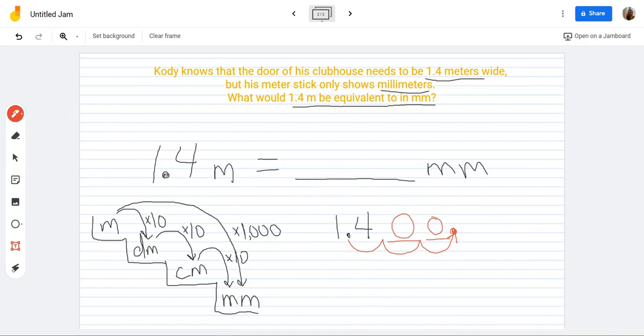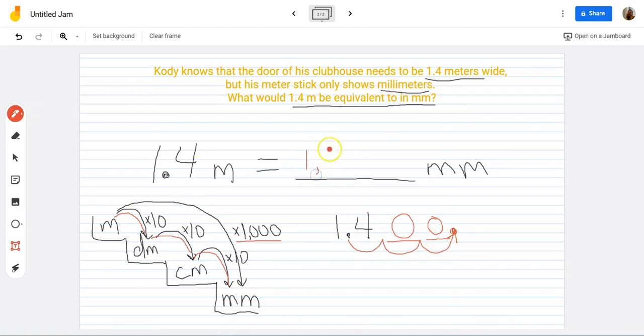So, let's think back to our question. What would 1.4 or 1 4/10 meters be equivalent to in millimeters? Well, if we move our decimal 1, 2, 3 spots over, because we're multiplying by 1,000, we're moving down the staircase 1, 2, 3 times to the right, we're going to have a value of 1,400 millimeters.